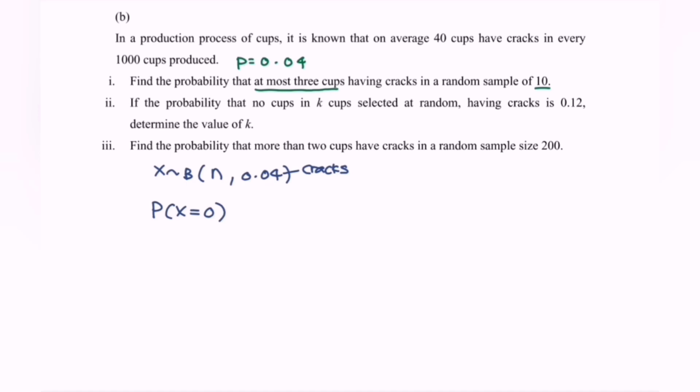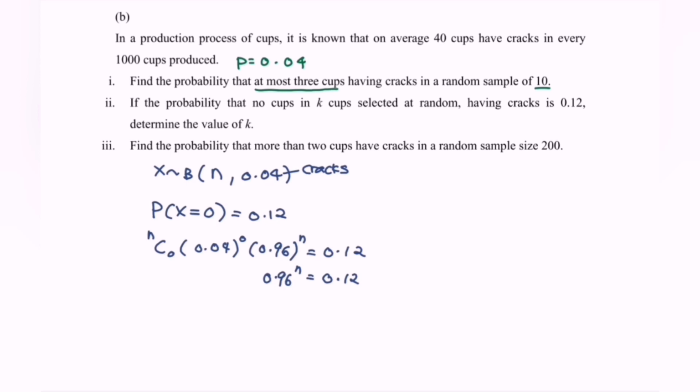In K cups, so the n actually represents the K. So the answer is 0.12. By referring to the binomial distribution formula, we have nC0 times 0.04 to the power of 0 times 0.96 to the power of n equals 0.12. Simplify: nC0 is 1, and 0.04 to the power of 0 is also 1. So we have 0.96 to the power of n equals 0.12.